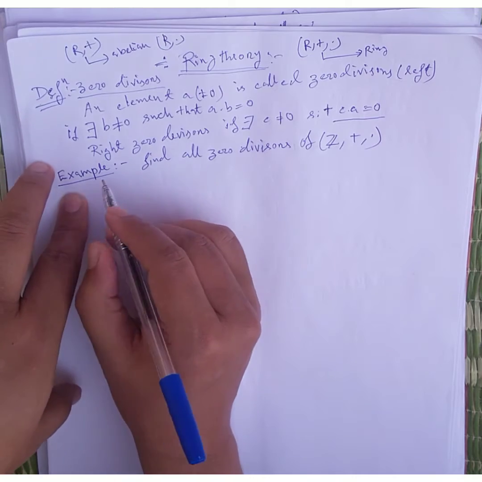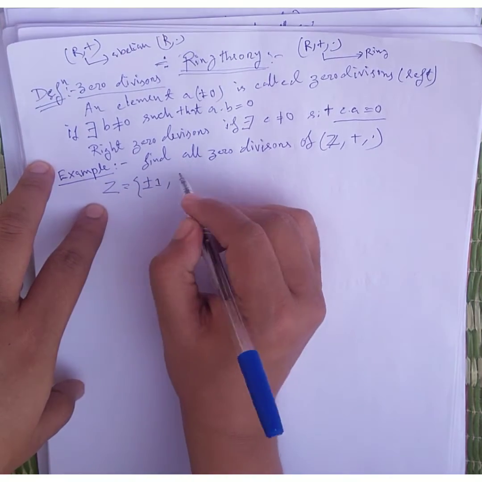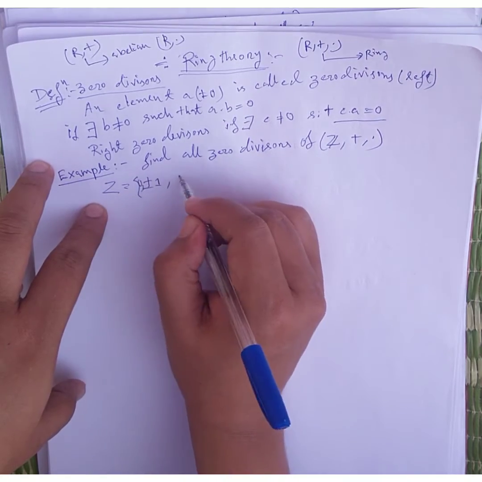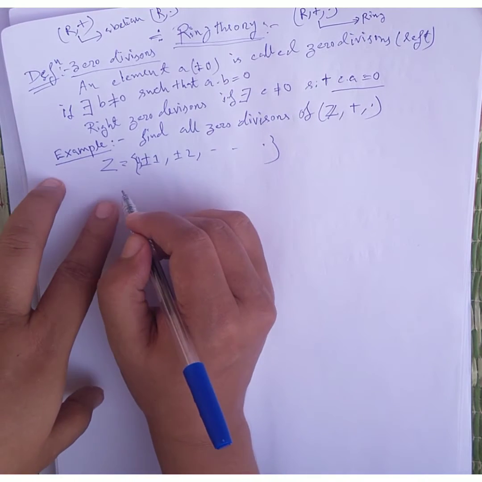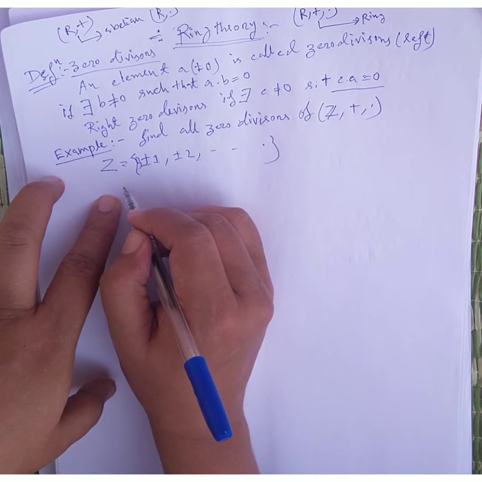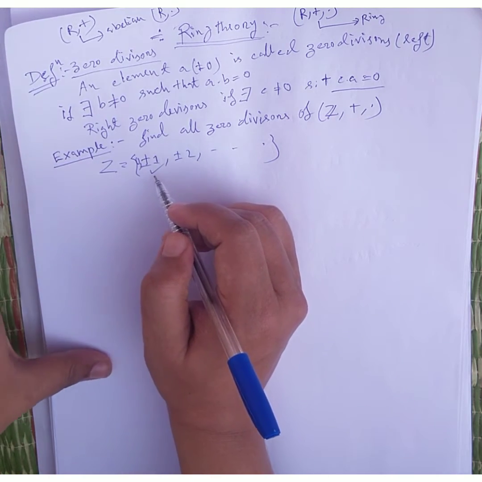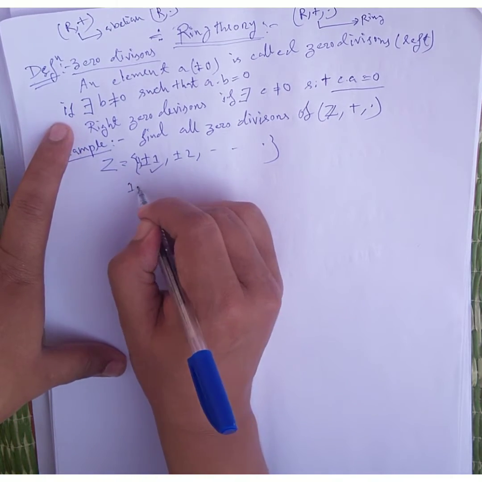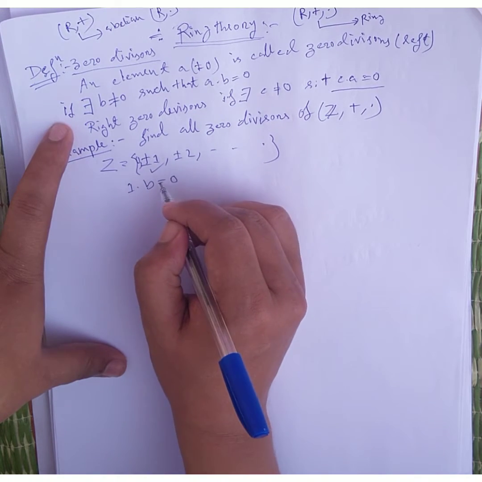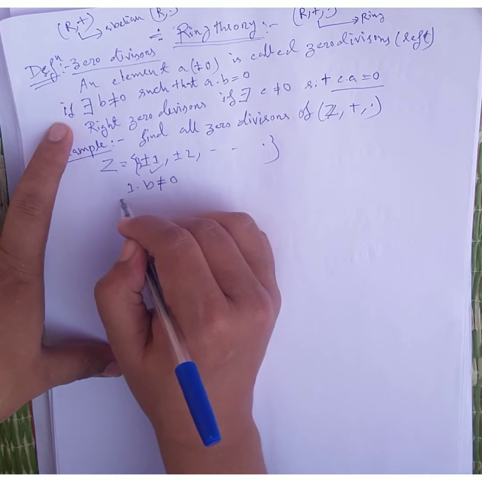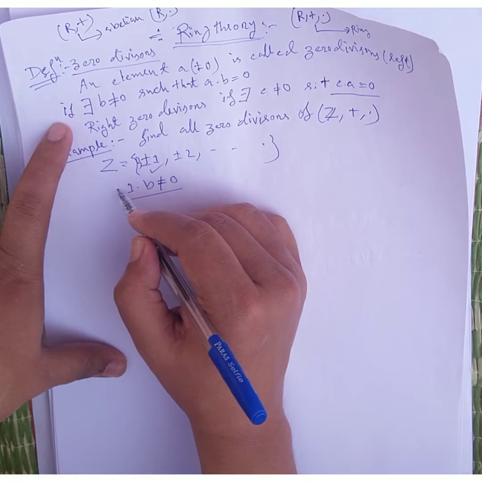So friends, Z equals plus minus 1 and 0, and also includes plus minus 2, etc. In here you will see 1·b. In the case of 1, 1·b = 0 is not possible when b ≠ 0. Any number you multiply with 1, you cannot get 0.